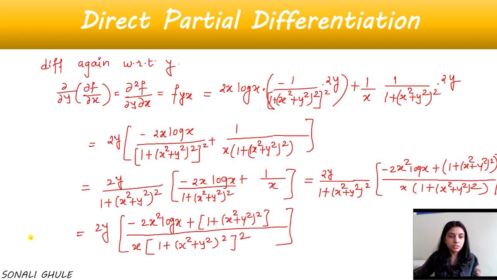Okay, now this is your double derivative of the function with respect to y and x, right? And now we have to check here, are these two derivatives the same?